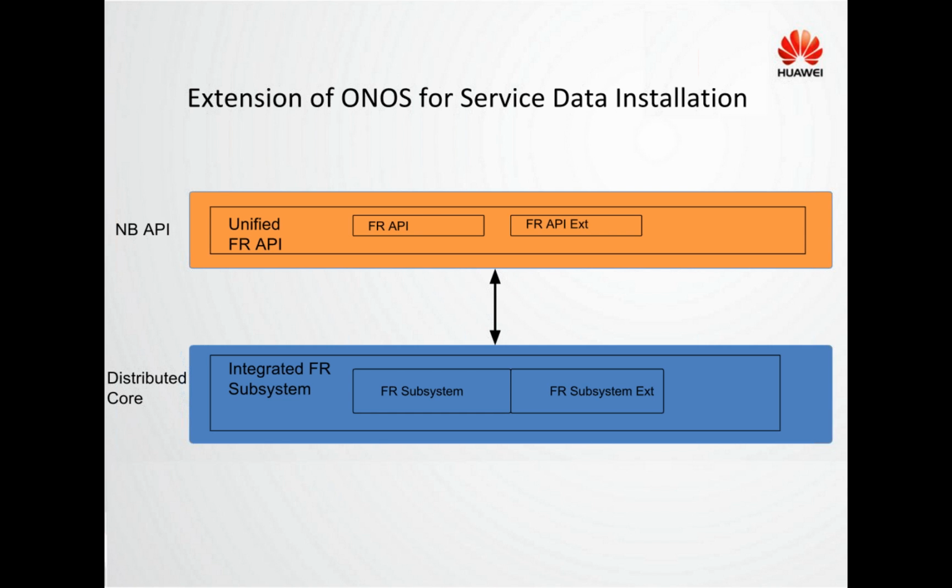And in the core, we also build a subsystem. So eventually we will integrate with the ground ONOS flow rule subsystem, and we also tested it. I will show you some of the demo results later.